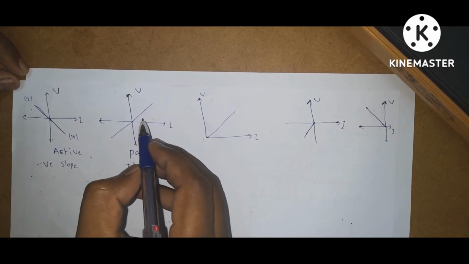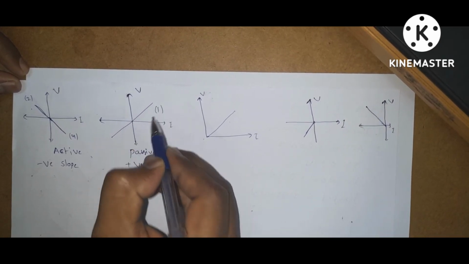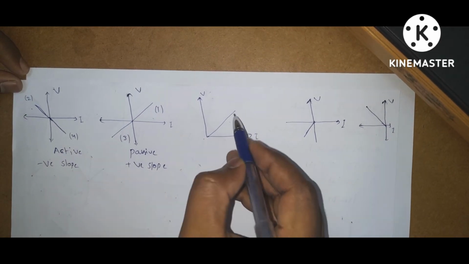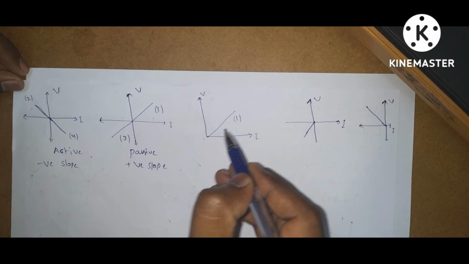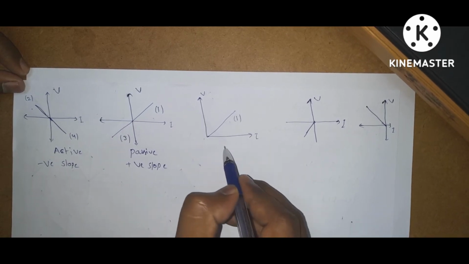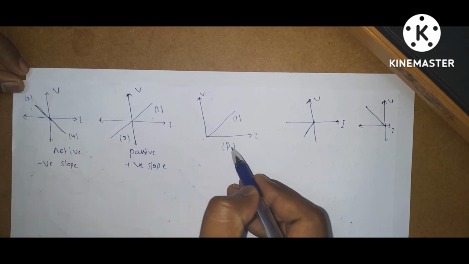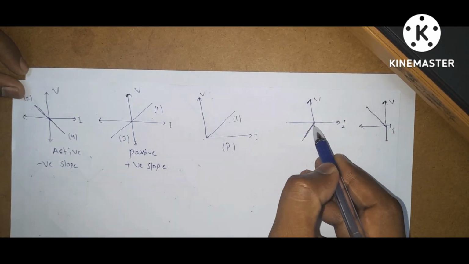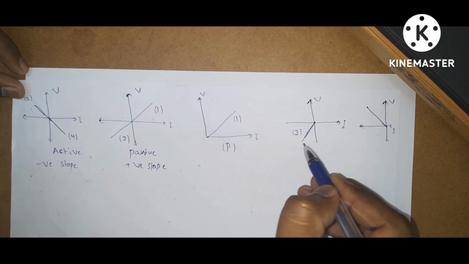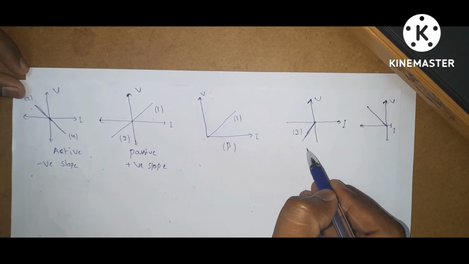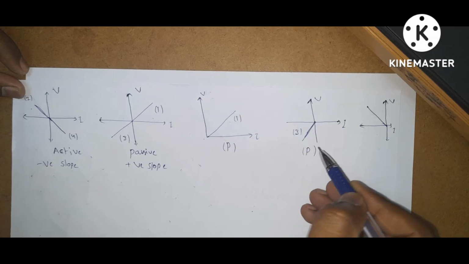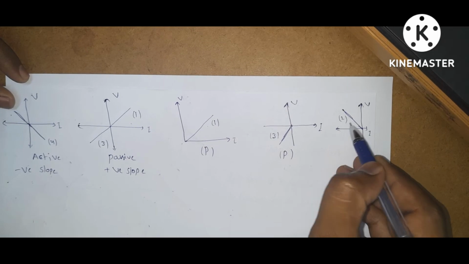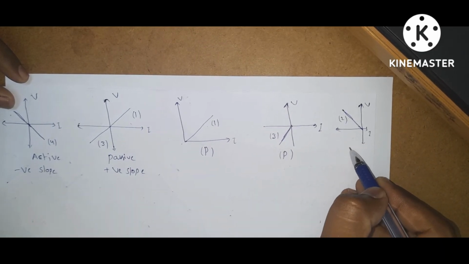That means the characteristics lie in the first and third coordinates. Coming to here, characteristics lie on the first coordinate, the slope is positive, so it is a passive element. In this graph, characteristics lie on the third coordinate, so the slope is positive and it is a passive element. Here characteristics lie on the second coordinate, slope is negative, so the element is active.